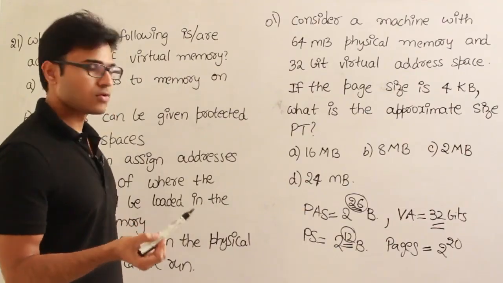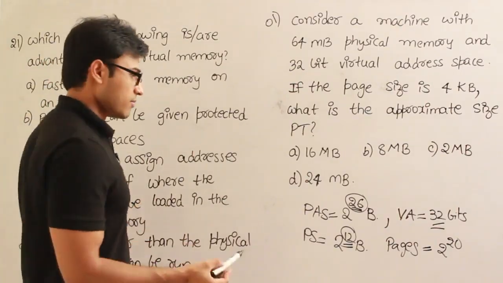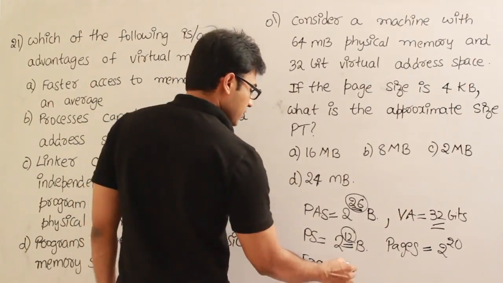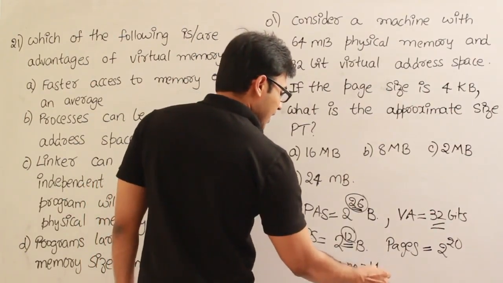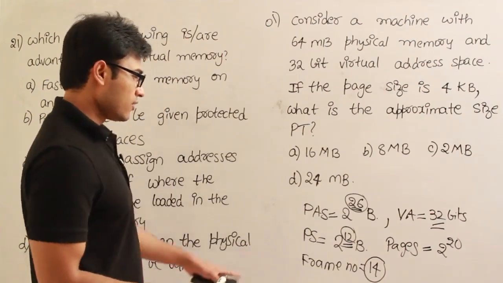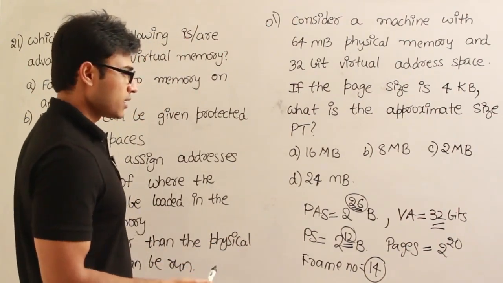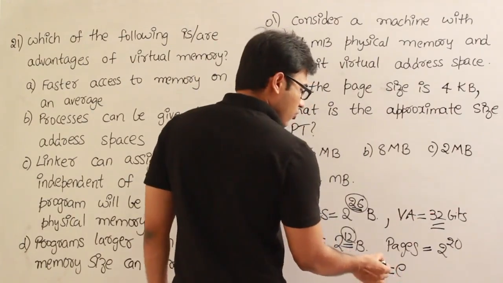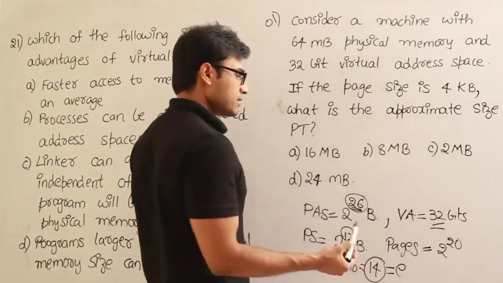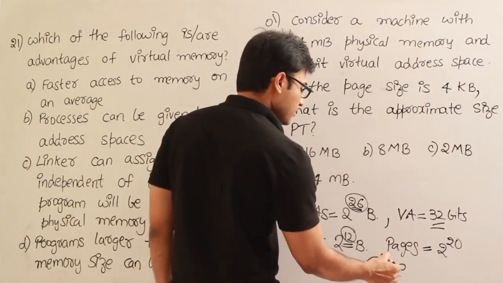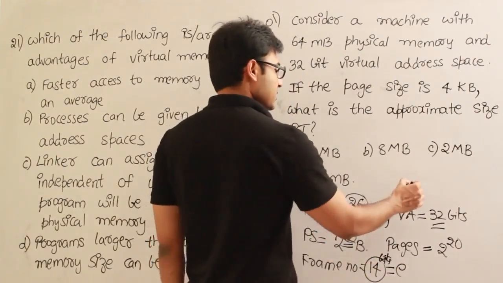Then 14 bits are going to represent the frame number, and this is the most important thing in the page table entry. Therefore page table entry is going to contain 14 bits. So 14 bits into 2 power 20 pages is the answer.